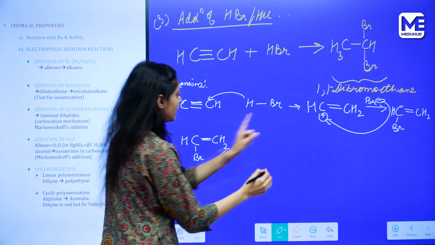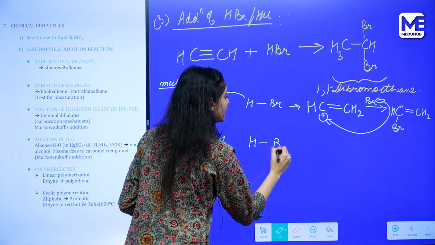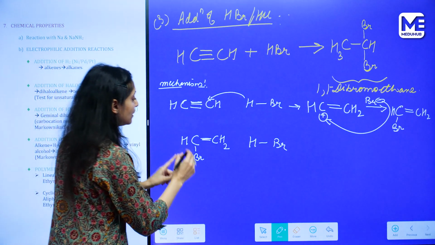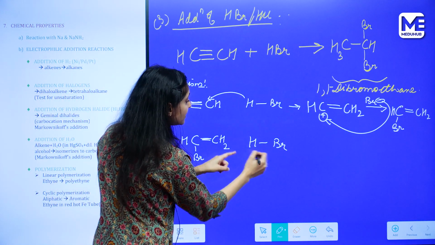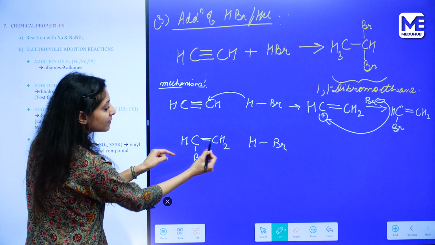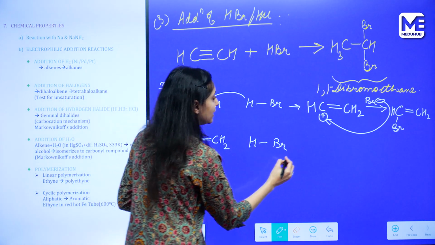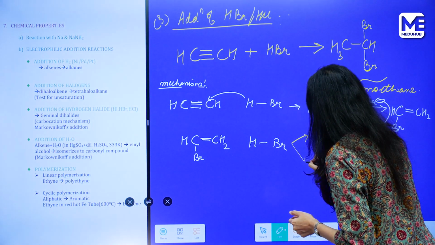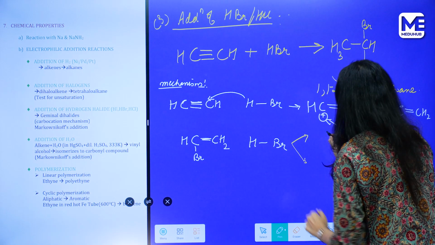Now another molecule of HBr will add on to this. So here two molecules of HBr add on to give a geminal dihalide product. Again, this hydrogen can either attack this carbon or this carbon. Let us see what will happen.